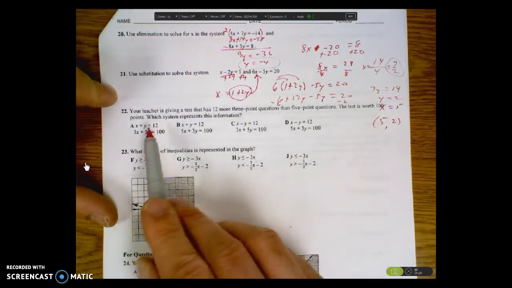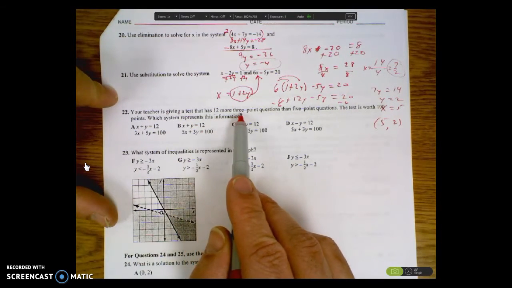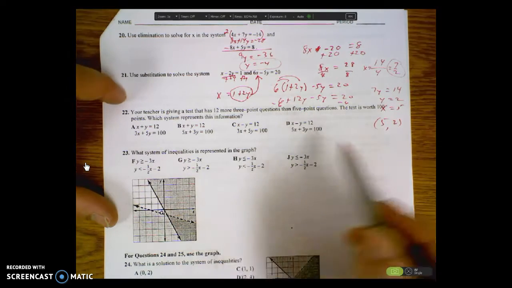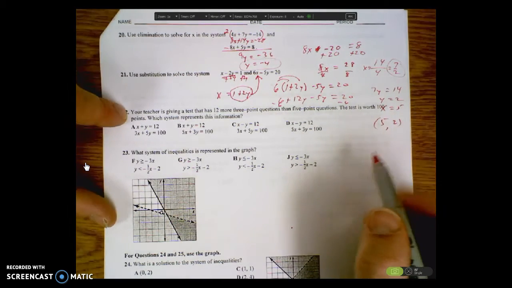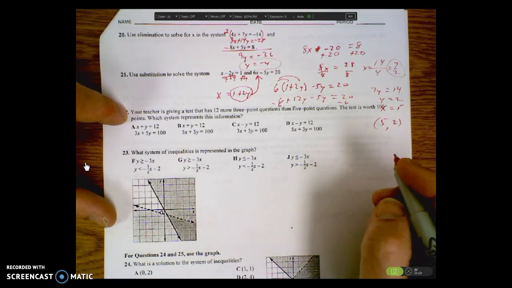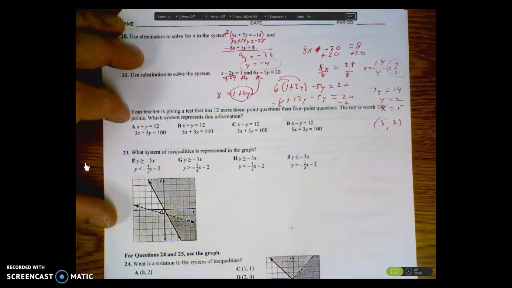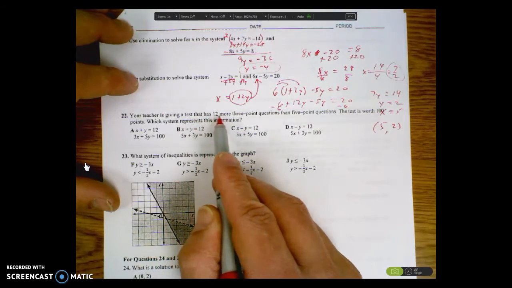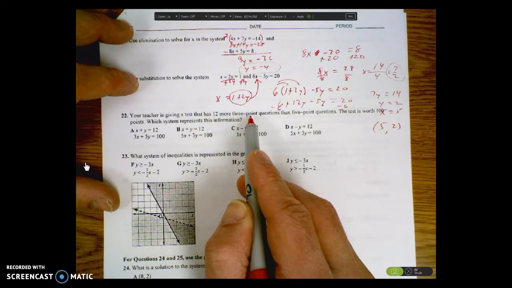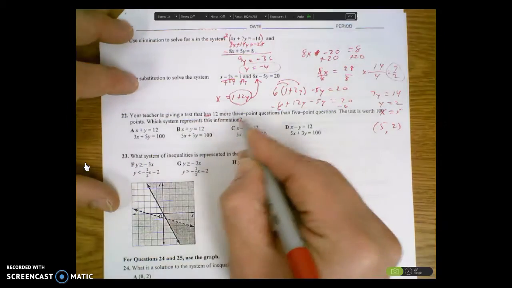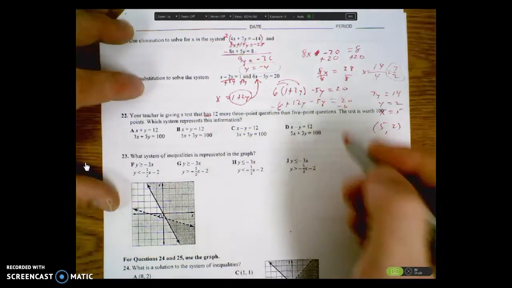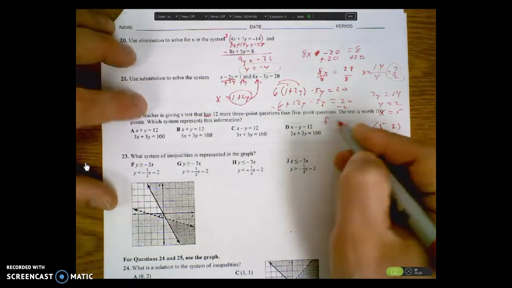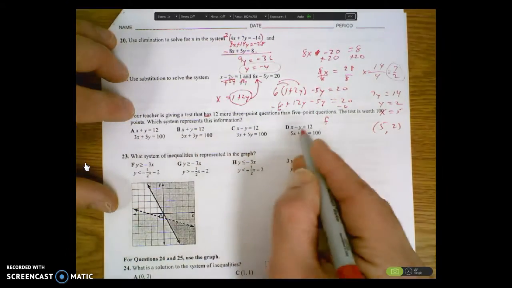All right, your teacher is giving a test that has 12 more 3-point questions than 5-point questions. Okay, the test is worth 100 points. Which system represents this information? So the 5-point question, F, I'm doing this because I want to make sure I don't screw this up here.